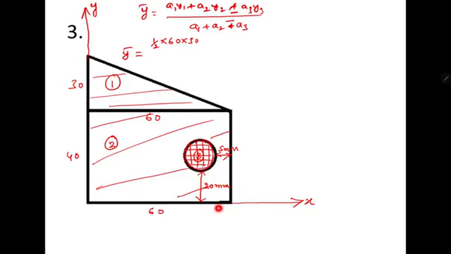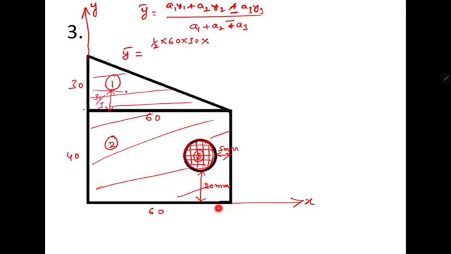hole. So now I am writing y bar is equal to half into 60 into 30, and the centroidal distance from the x-axis to the center of the right angle triangle. So for a right angle triangle from the base, what is the height? This will be the total height divided by 3. So this will be 30 by 3.